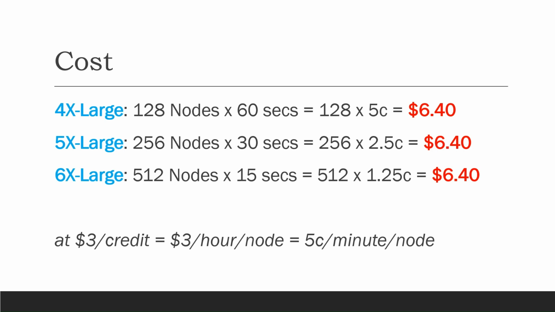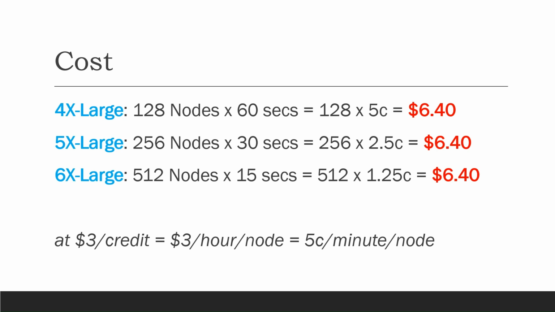This means that for one single node, this will consume 3 dollars per hour if you keep this node up for 1 hour. This is the equivalent of 5 cents a minute per node. So my calculation here is very simple now. 128 nodes multiplied by 60 seconds, you get 128 multiplied by 5 cents. 60 seconds is 1 minute. And you get 640.